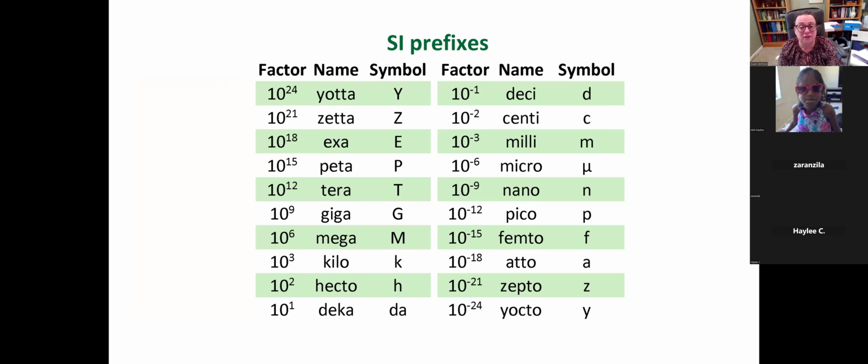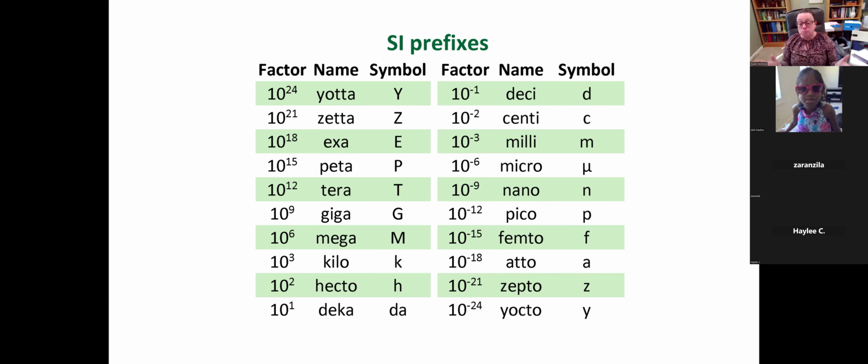So they're all modifying that fundamental unit by making it either bigger, those are the prefixes on the left, or smaller, which are the prefixes on the right. So we can have really big things and use our prefixes on the left, or we can measure very small things and use our prefixes on the right.